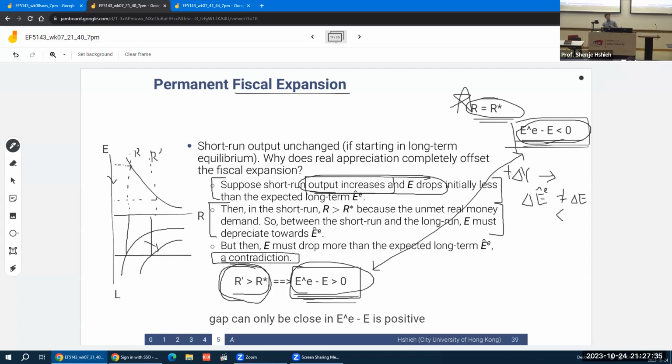Number two, based on the model we've learned up to week 5, 6, if there is an output effect, an outward shift of the liquidity preference curve, then interest rates must increase. With higher interest rates, that's going to change the spot exchange rate because risk-neutral investors will want to borrow at low interest rates and invest in a higher interest rate, namely, invest in the domestic currency.